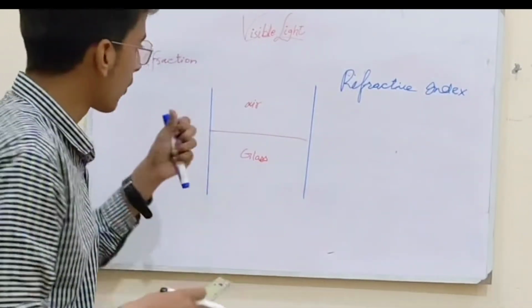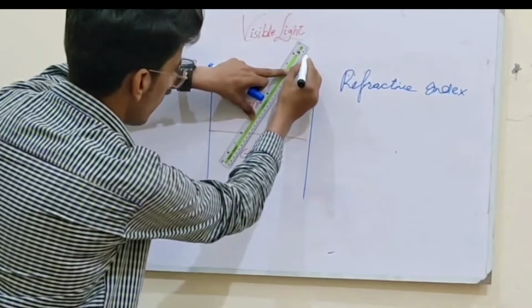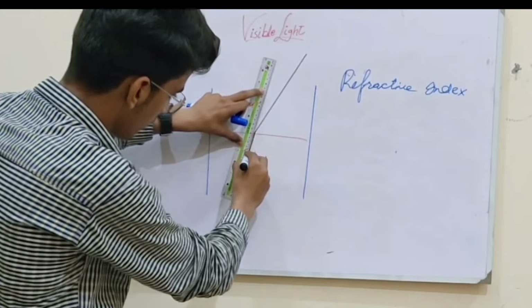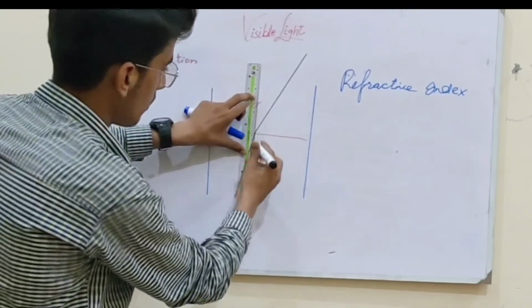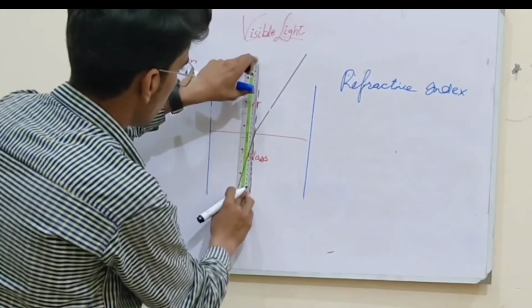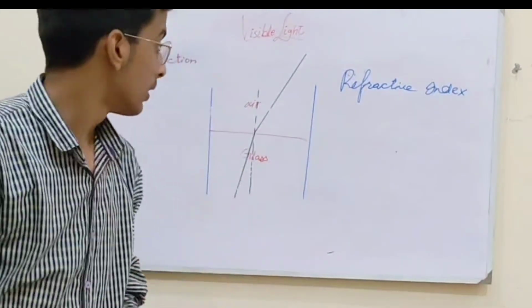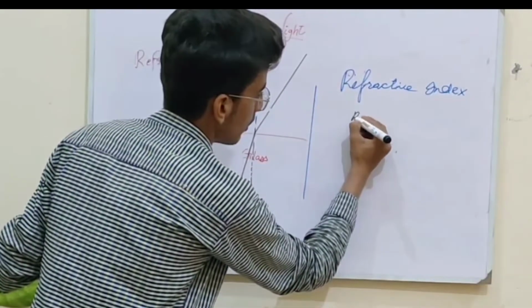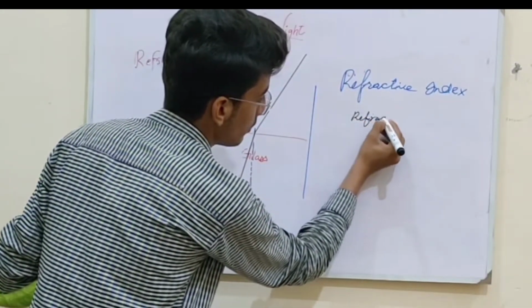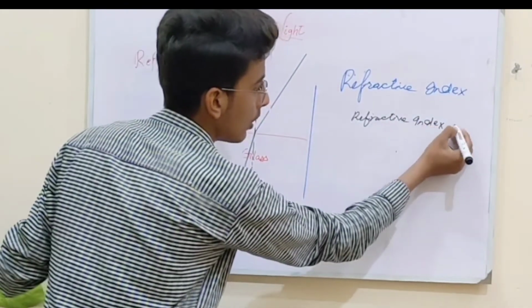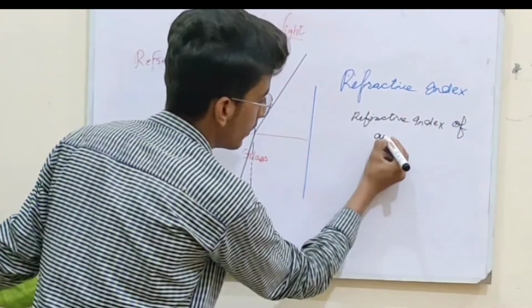Let's suppose a ray is coming, incident here, and it refracts like this, and the normal is this. The question is to find the refractive index of air.